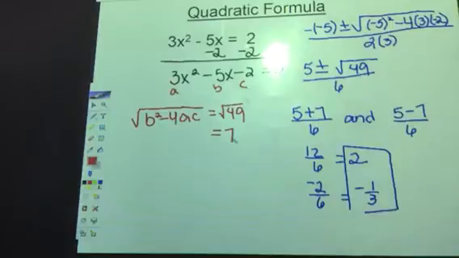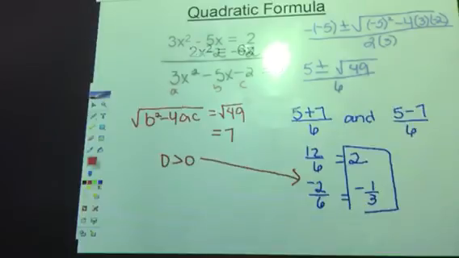If you look back at your chart, it says if the discriminant is greater than 0, that's where you should be looking, and you have two real solutions. The proof is here because we have two real solutions, which are 2 and negative 1/3.